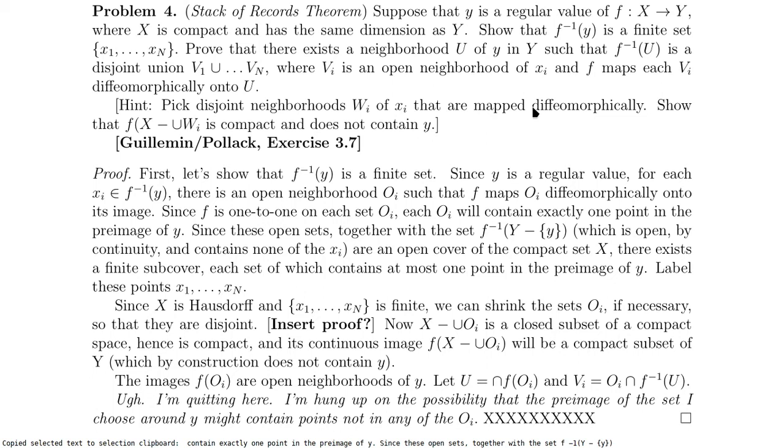I mean, if we do go to the hint, I feel like I've got the neighborhood's double use of I that he wants. I'm calling them OI, but that's because I thought I would do something to them and then rename them.